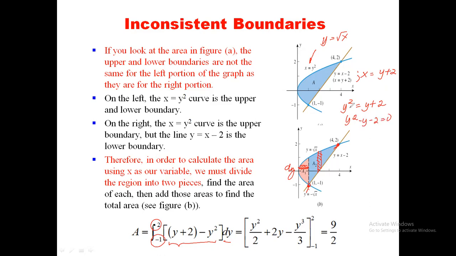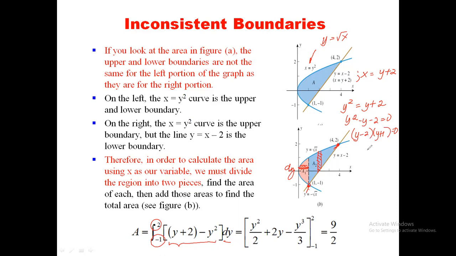Okay? So you have y squared minus y minus 2. This is factorable, right? So you have y minus 2 times y plus 1 equal to 0. The factors of y squared minus y minus 2 is y minus 2 times the quantity y plus 1. If you expand it, you'll have this one.